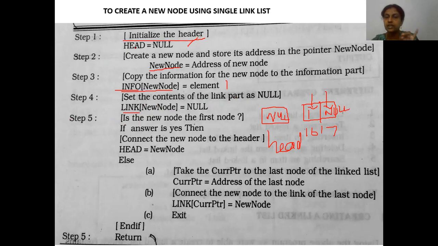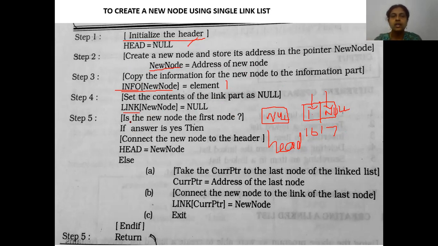First initialize the header, that is head is equal to null. Next create a new node and store its address in a variable called new node. The address stored here you need to store in a place called new node. Next, info part of new node should be stored with the element. Address part of new node should be set to null.